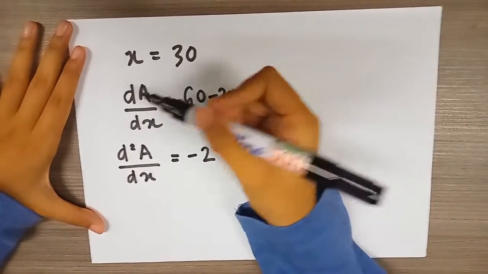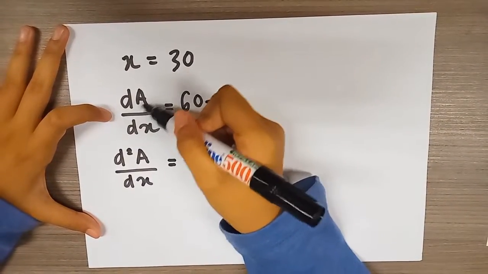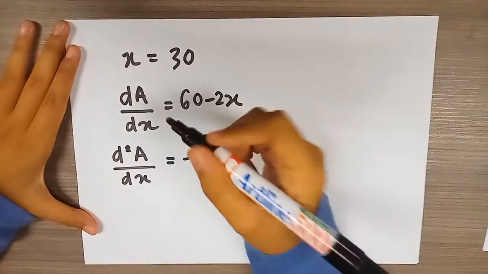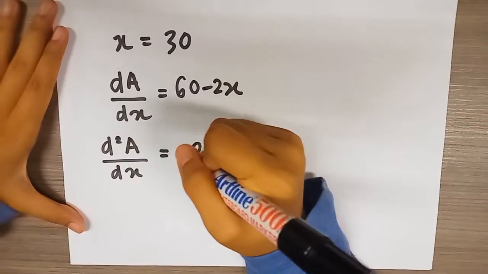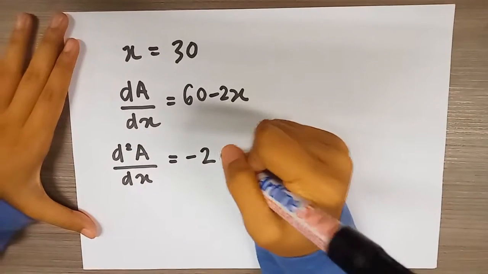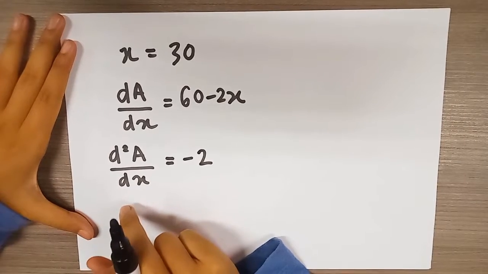Then, from the previous equation, dA over dx is 60 minus 2x. To find whether it is a maximum or minimum value, we do a second derivative test.